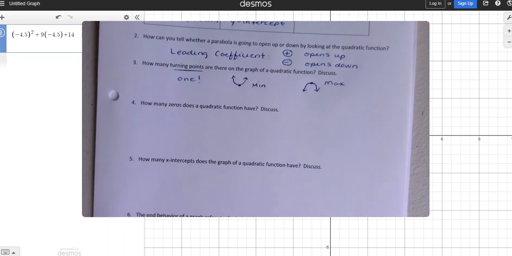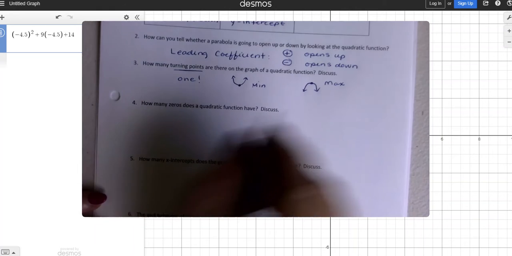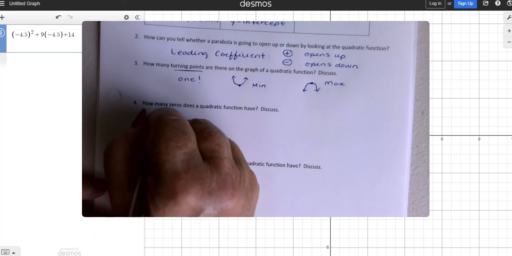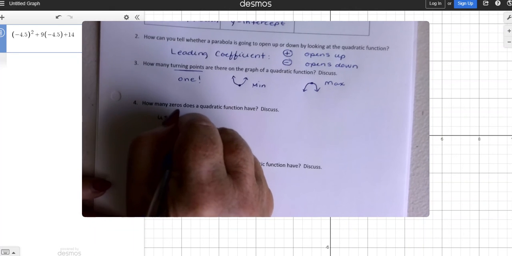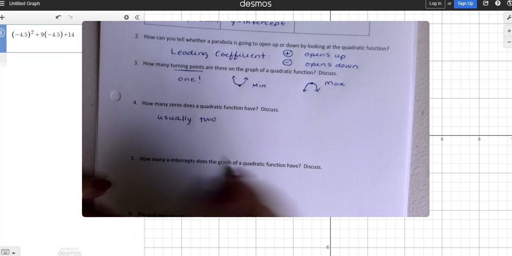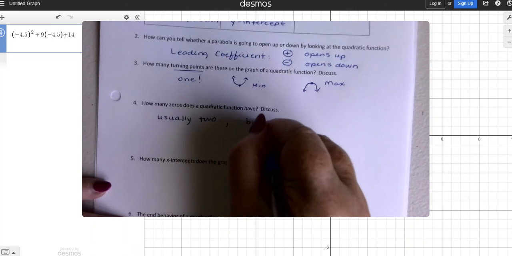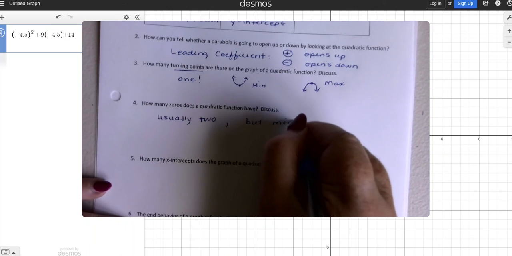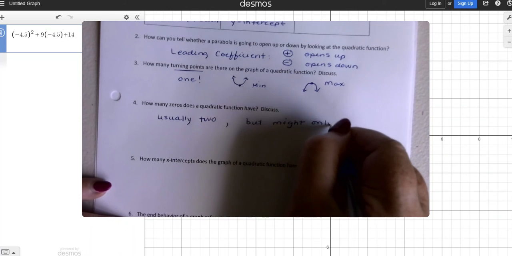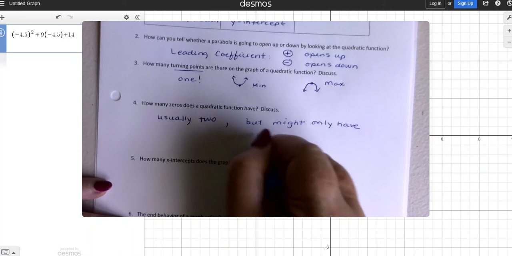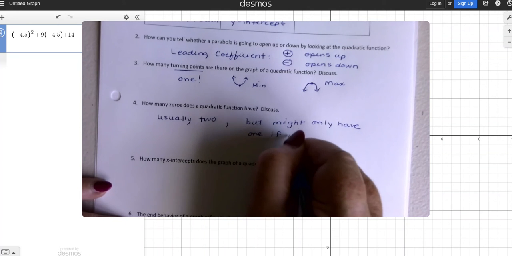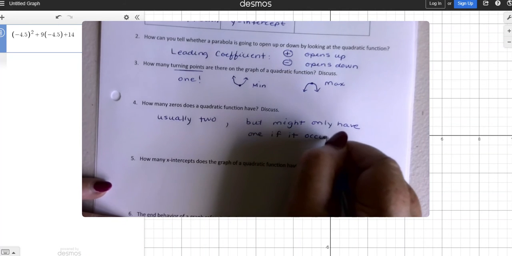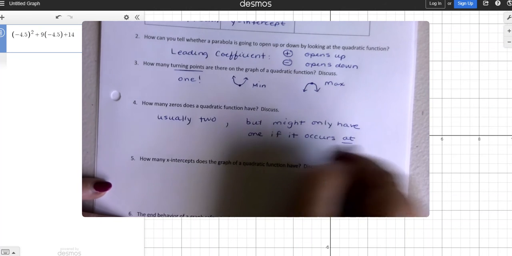So, as far as the zeros, usually 2, but we might only have one, if it occurs at the vertex.